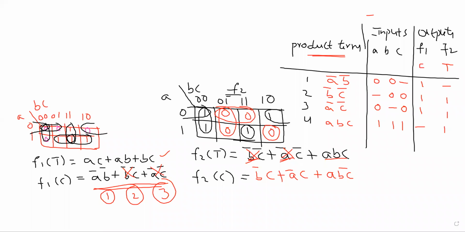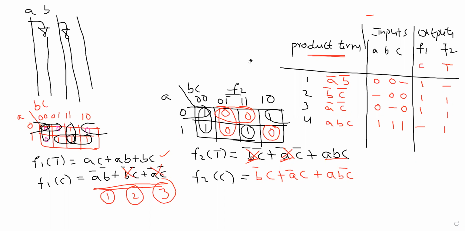If you observe how to implement the PLA, what is the size they have given? 3 by 4 by 2, that means 3 inputs: a complement, b complement, c complement. How many product terms?